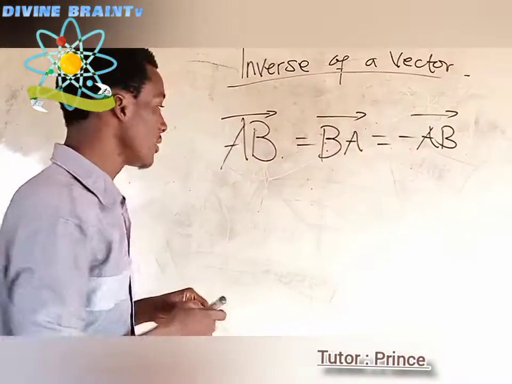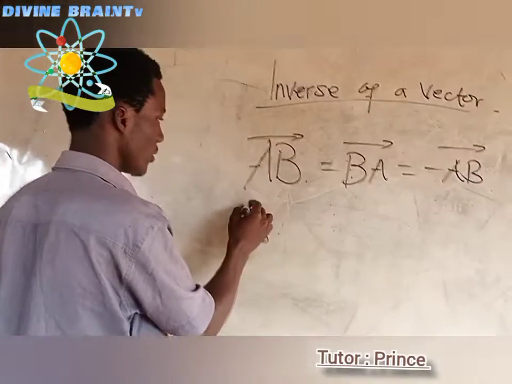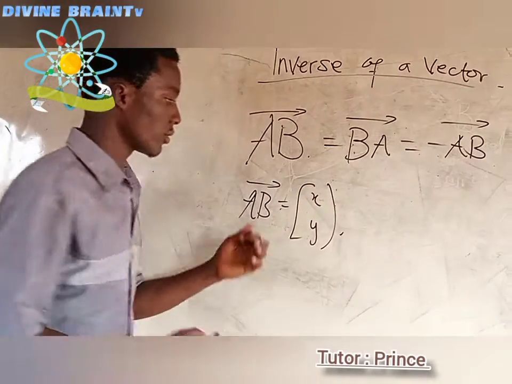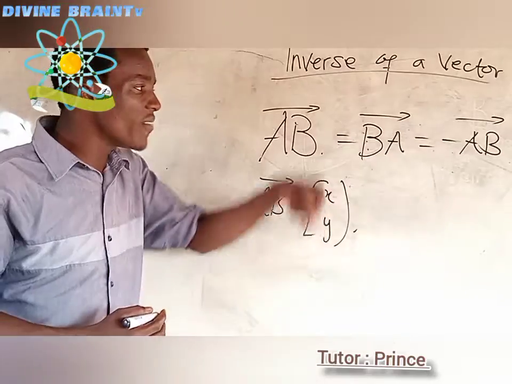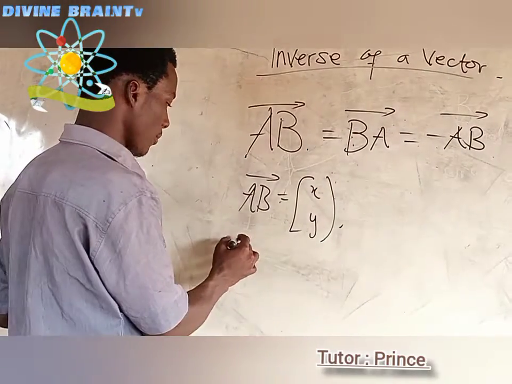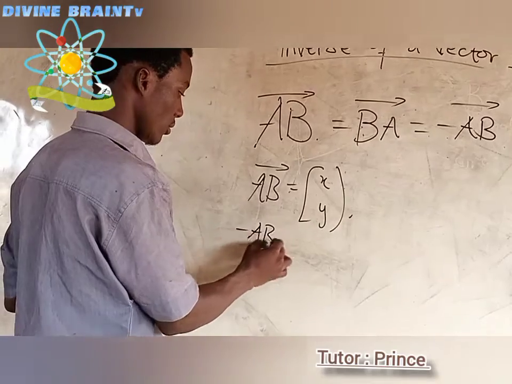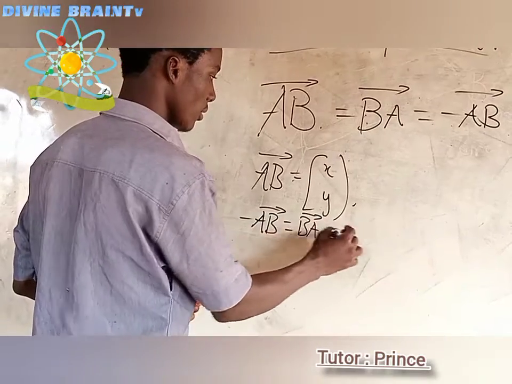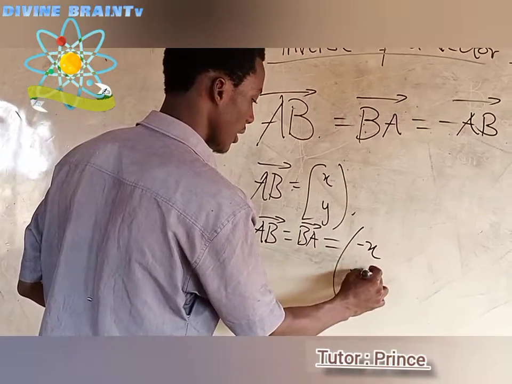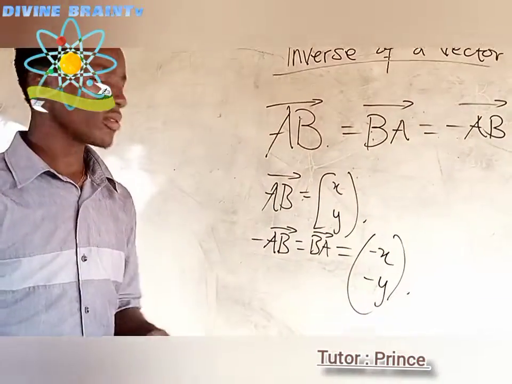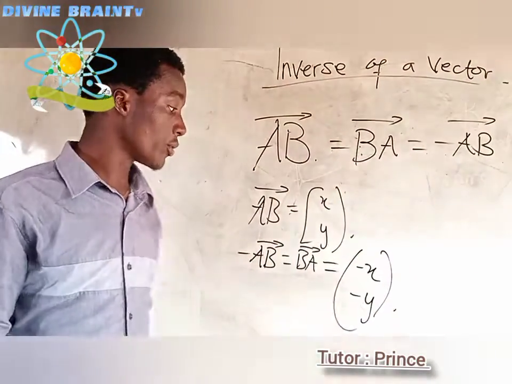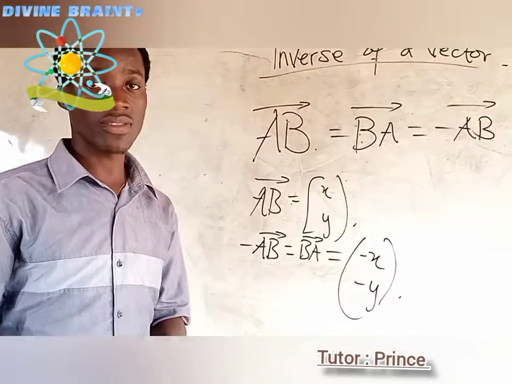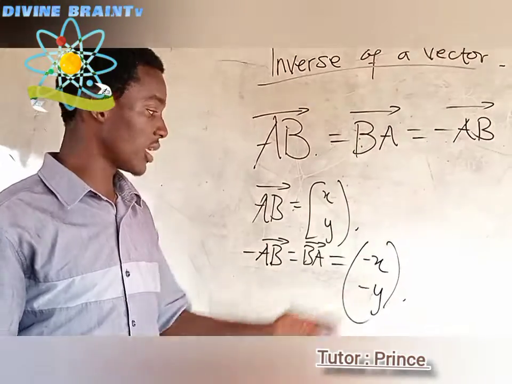If we have vector AB equal to (x, y) in component form, the inverse or negative of the vector, negative AB, which is equal to vector BA, is going to be (-x, -y). Very simple. So when you have a component, for example (-2, 3), and it asks you to find the inverse, it's going to be (2, -3), just putting the negation over there.